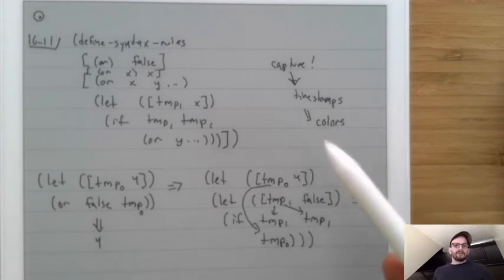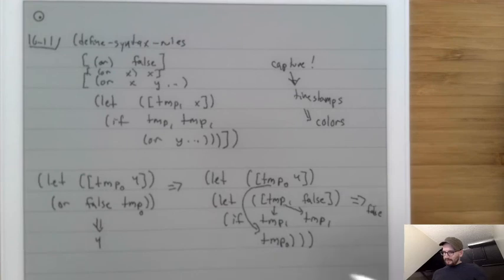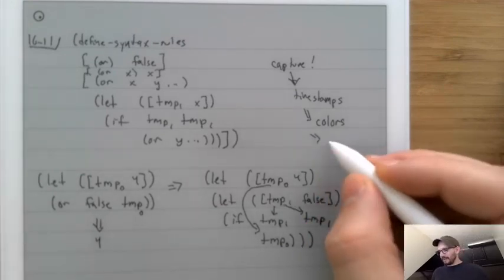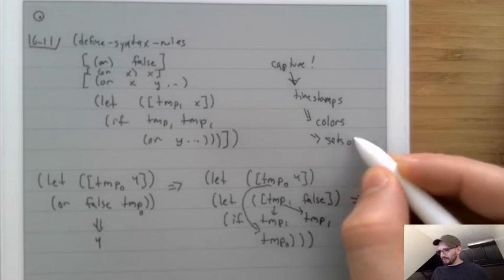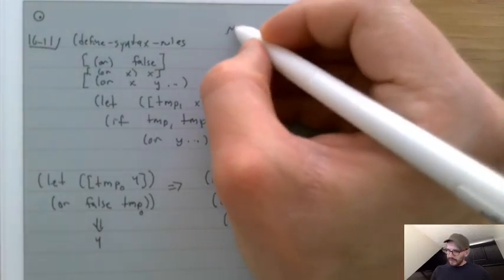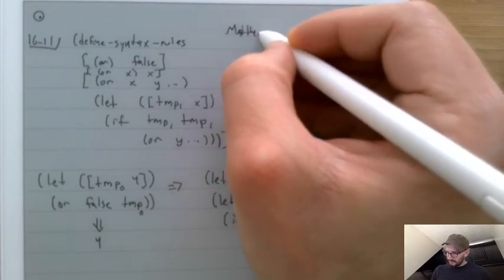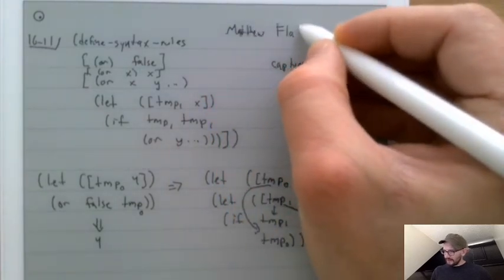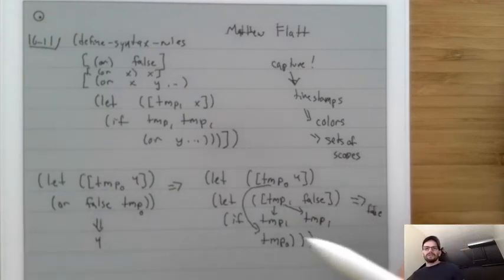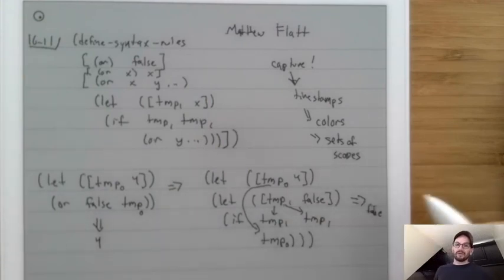Now, there's a little bit more to the color story that's more complicated, but the way that I've described it was a later theory called sets of scopes. If you Google Matthew Flatt, sets of scopes, you will find a very interesting talk where he explains this in a very simple way with tons and tons of pictures about how it works.